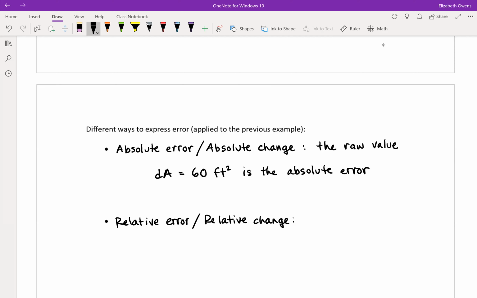And we calculate this by taking our absolute error, so absolute error in our measurement, relative to how big that measurement actually is. So that's divided by the total measurement.